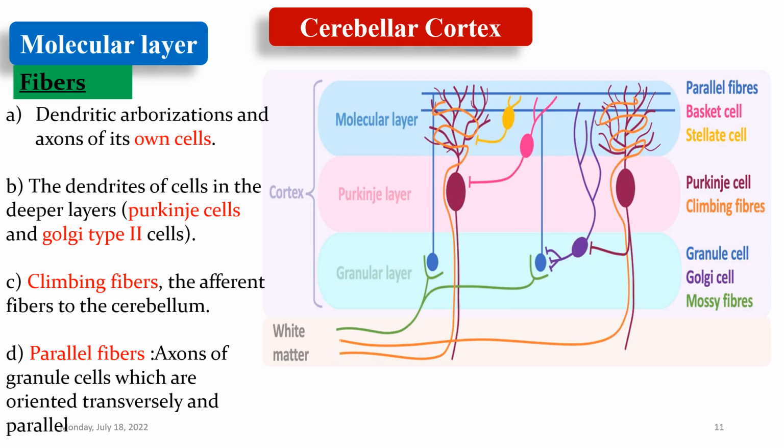So the types of fibers found in the molecular layer are dendritic arborization and axon of its own cells, dendrites of cells which are present in the deeper layer such as Purkinje cell and Golgi type 2, climbing fibers and parallel fibers.